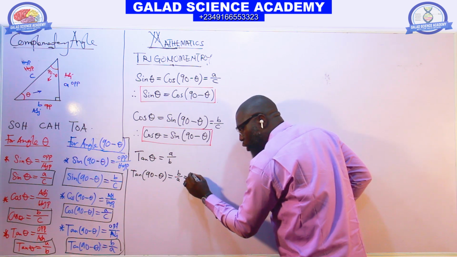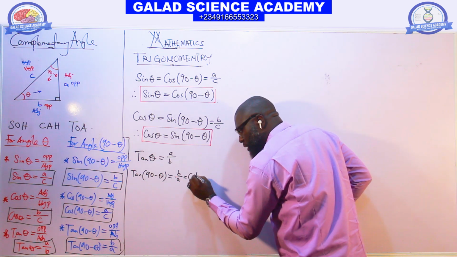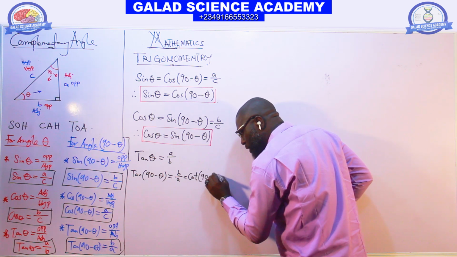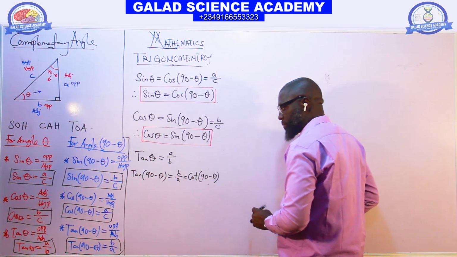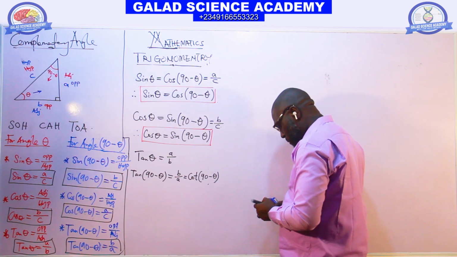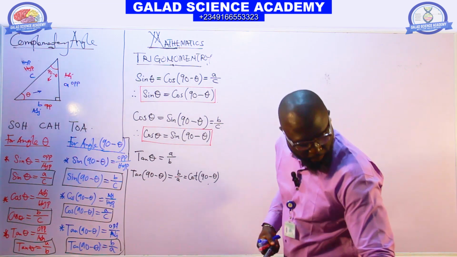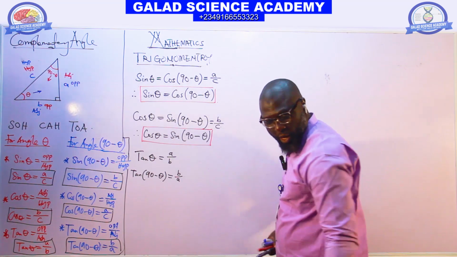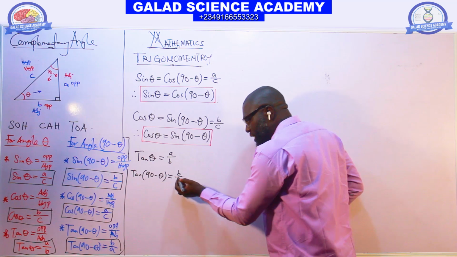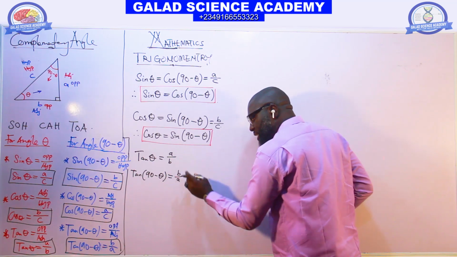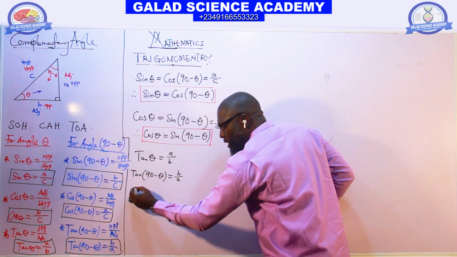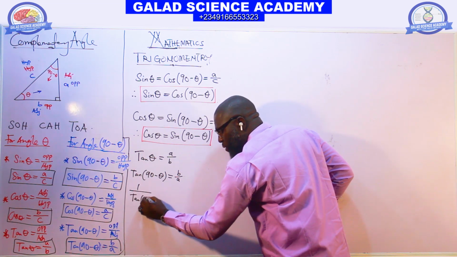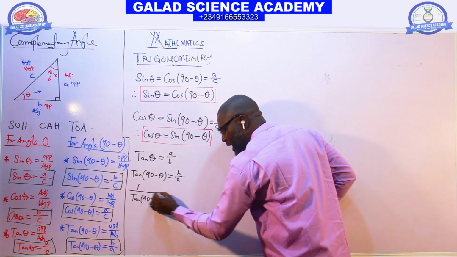We can call it cot 90 minus theta. No, sorry. It gives us A. But if I want to change this thing, I will say 1 over tan 90 minus theta.